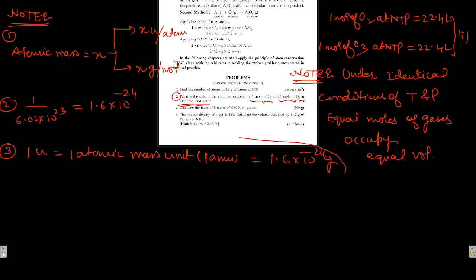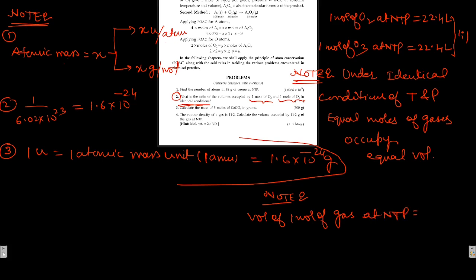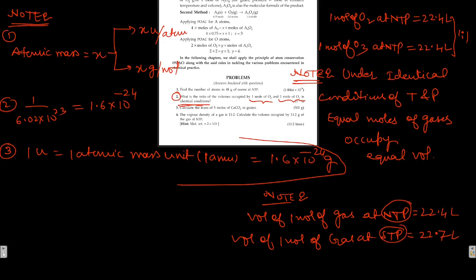For example, the volume of 1 mole of any ideal gas at NTP is equal to 22.4 liter. The volume of 1 mole of gas at STP is 22.7 liter. So under identical conditions, equal moles of gases occupy equal volume.